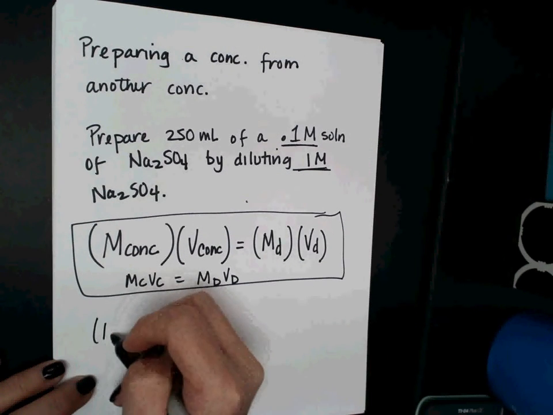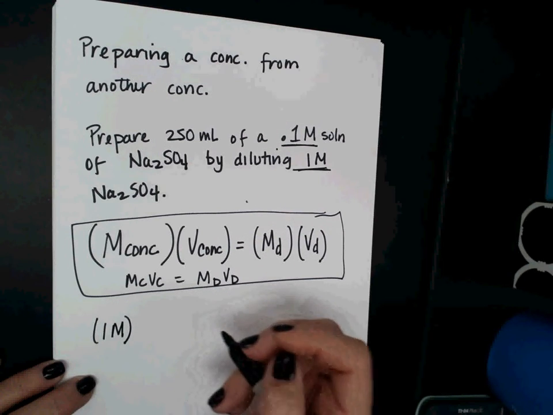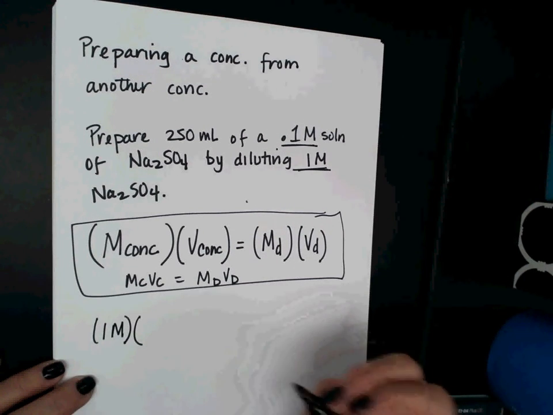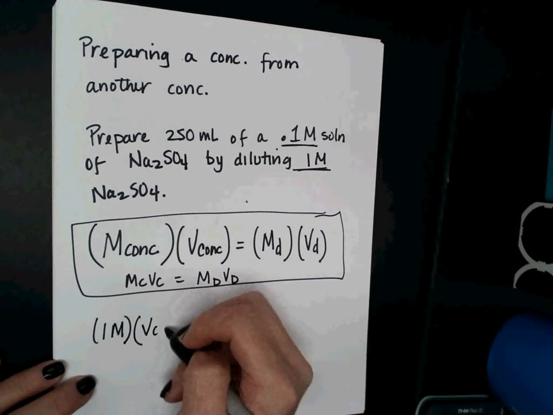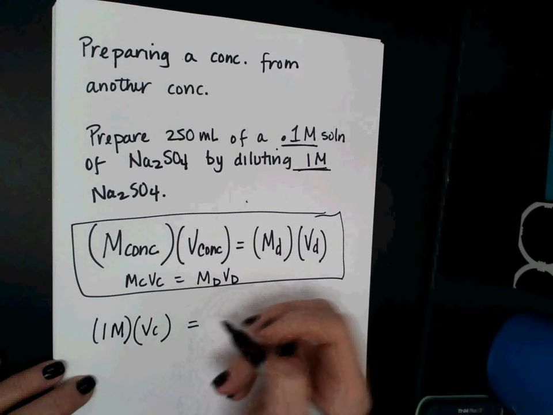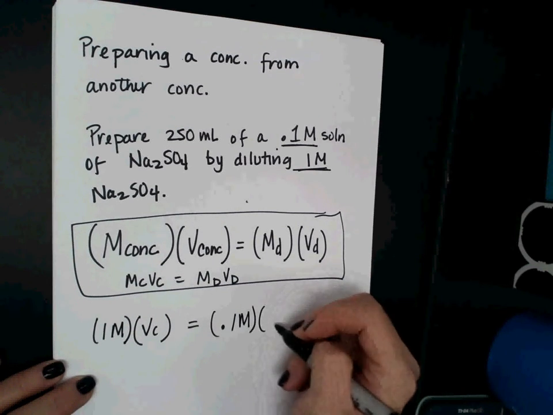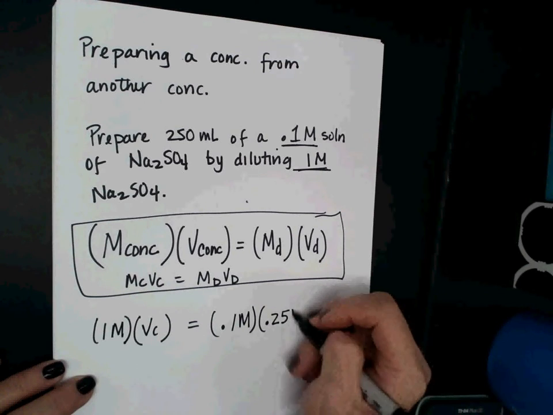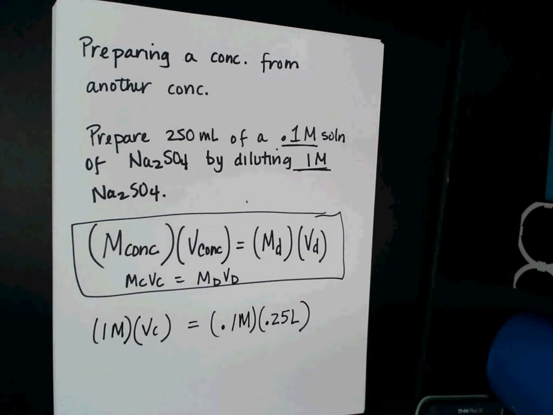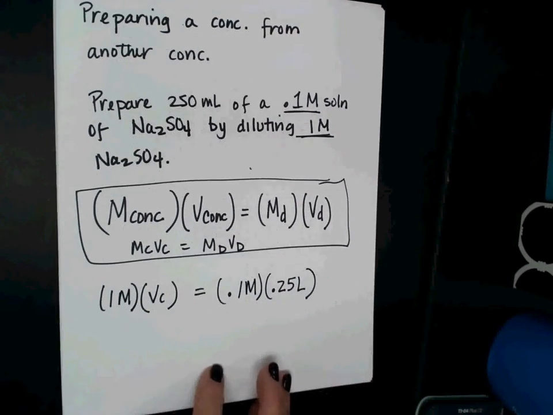So my concentrated solution is the one with the higher number out front. So I'm going to use 1 molar times, I don't know how much of that volume I need. And I'm going to set it equal to 0.1 molar times 0.25 liters and solve for my unknown.